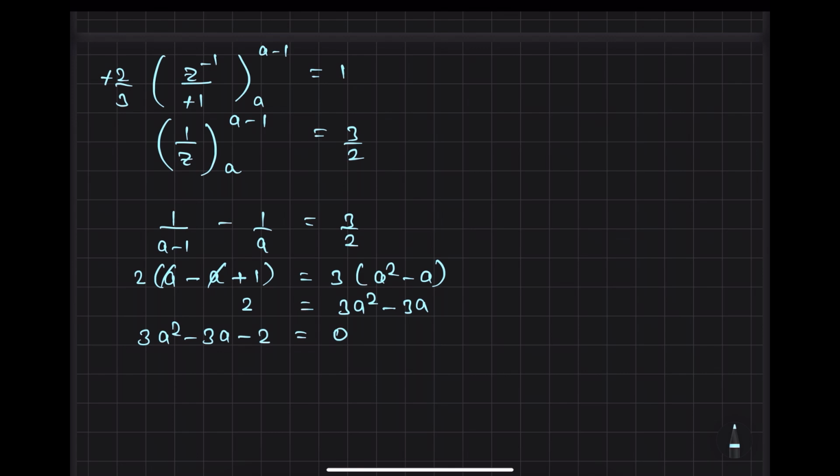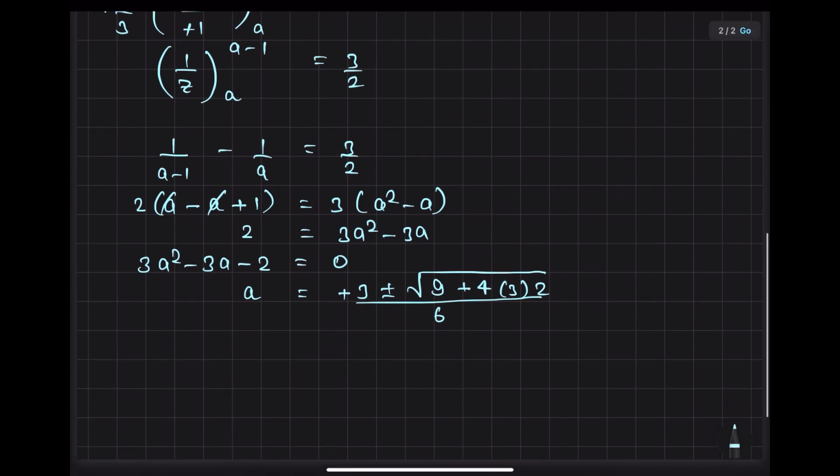So this is a quadratic equation, and we have to take help of the Sridharacharya rule. So a equals minus b plus or minus root under b square minus 4ac, by 2a. Now we are left with 3 plus or minus root 33, by 6.